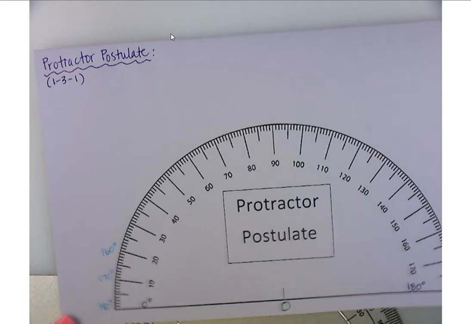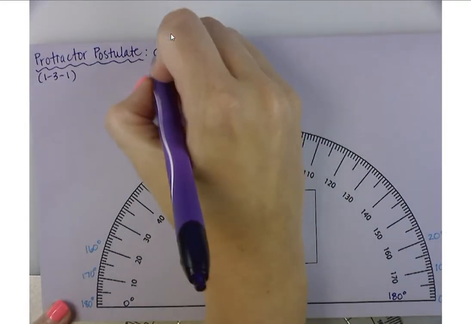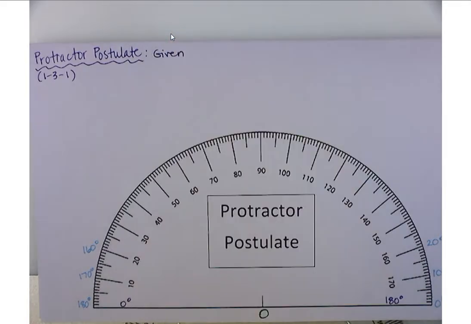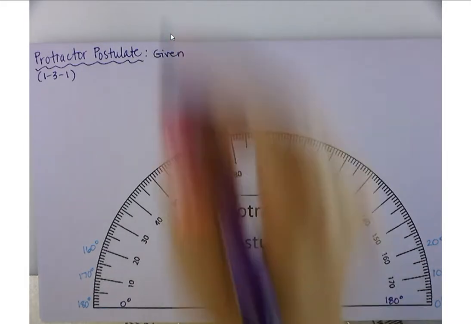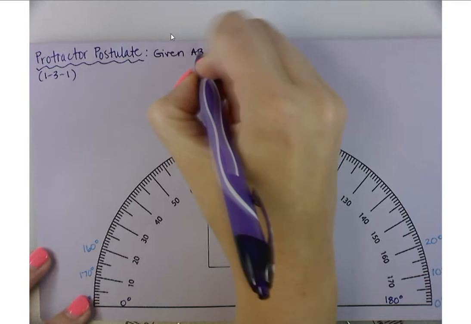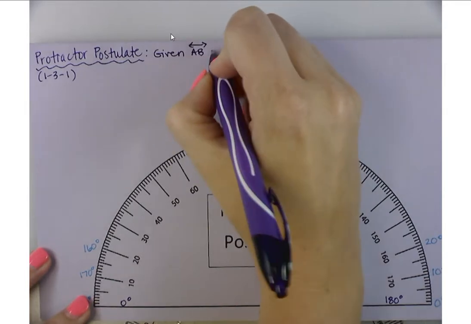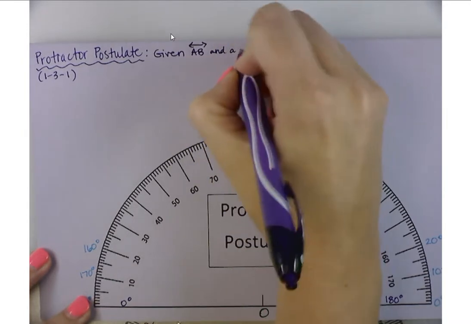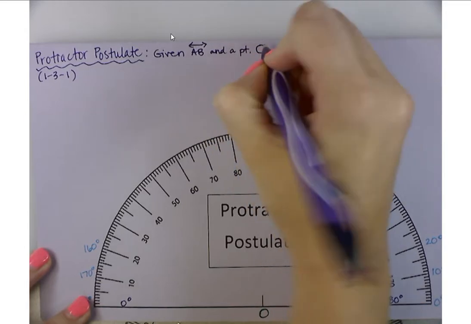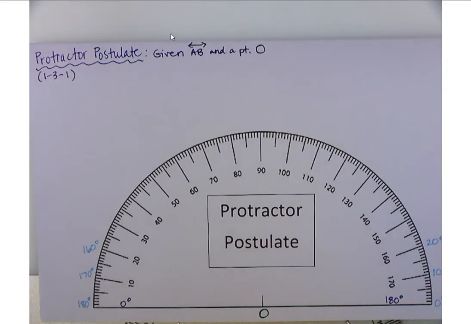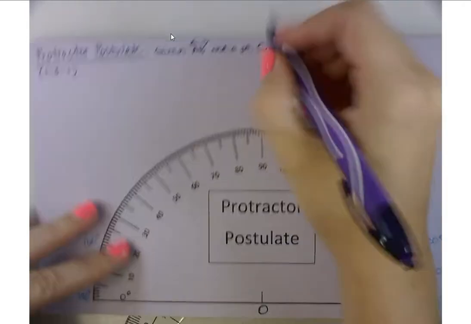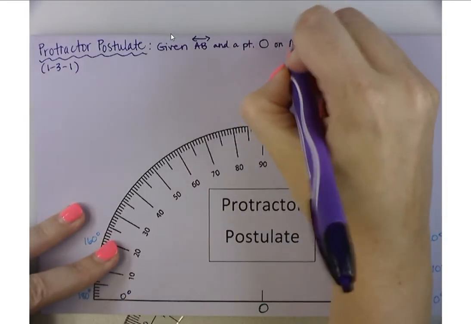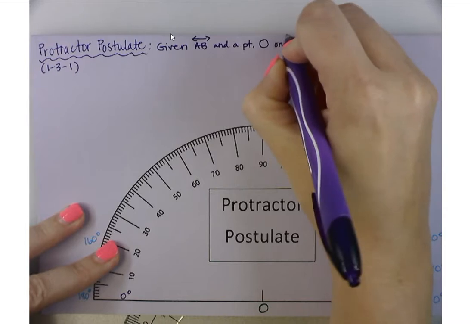With the protractor postulate, what you're given is a line. So if you are given the line AB, and a point O, because remember that's our O here. Guys, stay with me, please. And this point O is on AB.